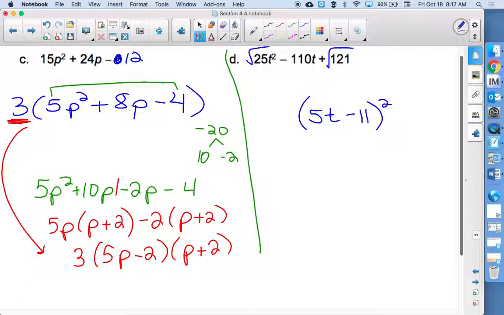Yeah, it has to be a minus just because this is a minus. So 5t minus 11 in parentheses and then squared.